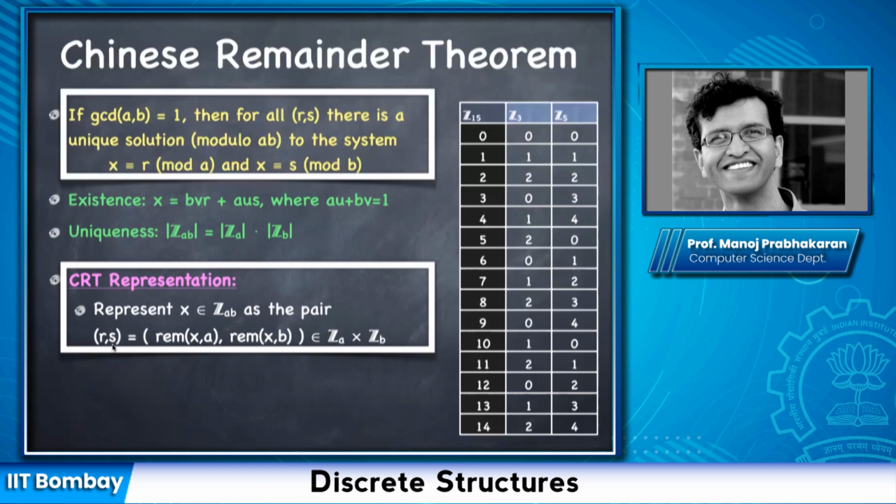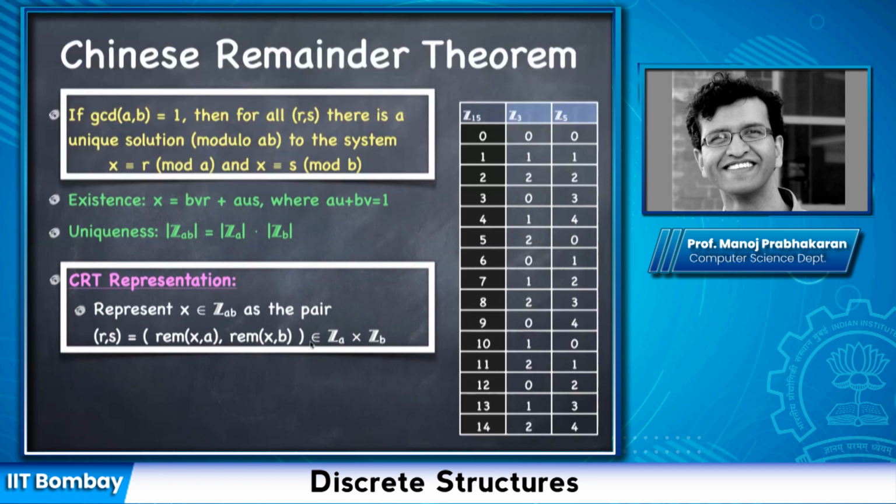I can instead look at its remainder with respect to A and its remainder with respect to B. So I get two numbers. So that's a pair in the set Z_A cross Z_B. And that's a unique representation. So clearly every X has such a representation.